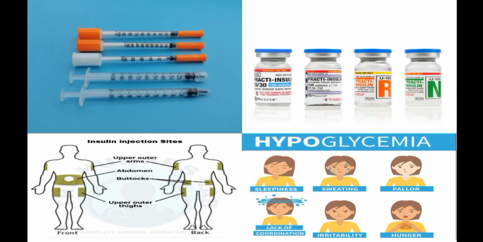Okay, let's quickly classify this insulin. When it comes to the classification of insulin, this is the most important pharmacological section that you smart nurses should clearly get and understand. Insulin is classified into rapid acting, short acting, intermediate acting, and finally long acting insulin.